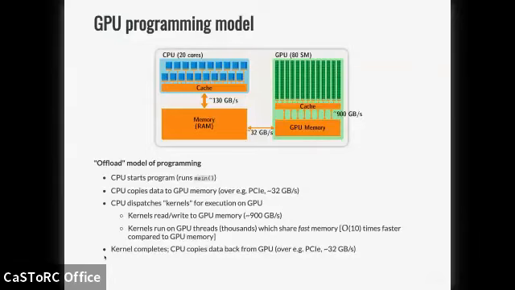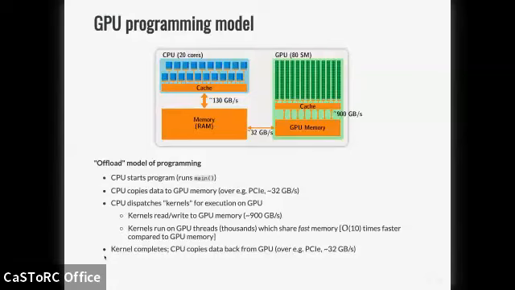Okay, in terms of you as a programmer who is called to actually make this GPU run your scientific codes or any code for that matter, what are the things you should worry about? What is the model by which you program this GPU? Well, in almost all cases, you use the so-called offload model for the GPU.